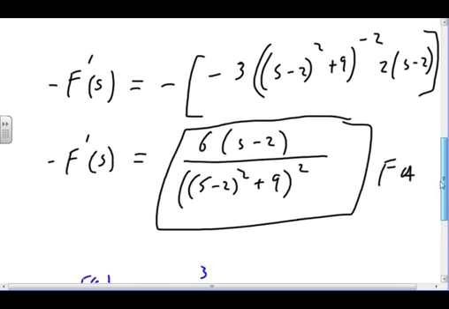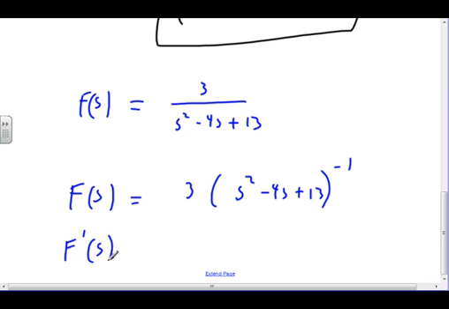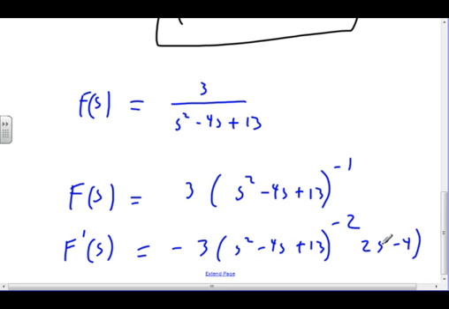Okay, so f of s is 3 times (s squared minus 4s plus 13) to the minus 1. f prime of s is minus 3 times (s squared minus 4s plus 13) to the minus 2, times the derivative of the inside, 2s minus 4.